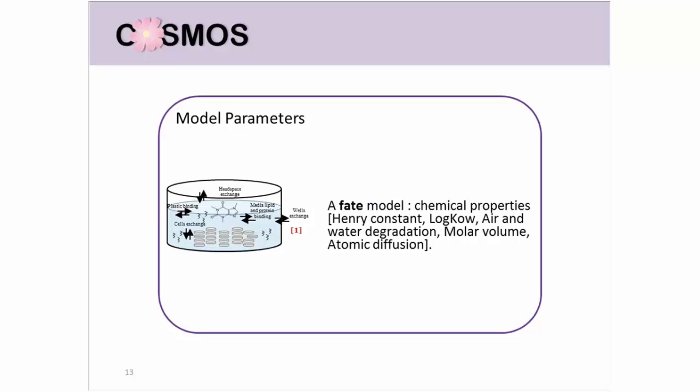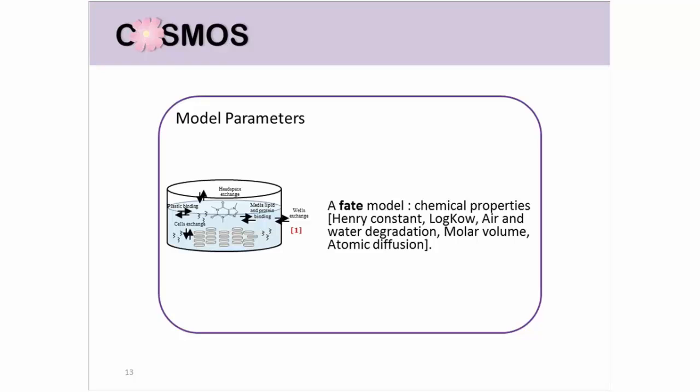It can either bind to the plastic, to the lipids, or to the protein. It can evaporate to the headspace. And so only a small amount will actually go on to affect your cell. This fate model is built on different chemical properties, such as air constant, log P, air and water degradation, molar volume, and atomic diffusion.